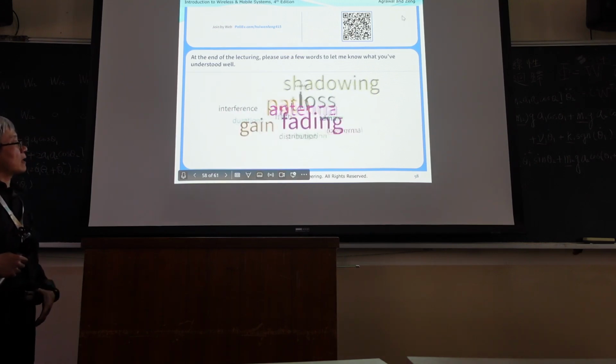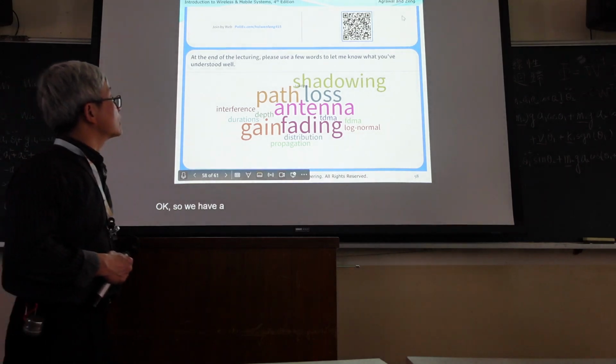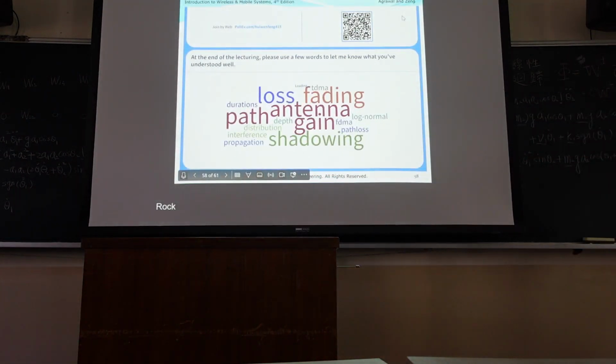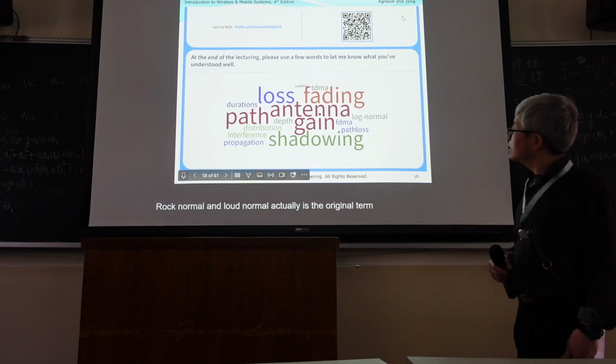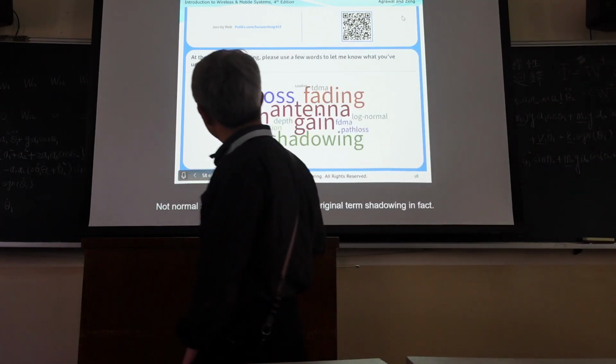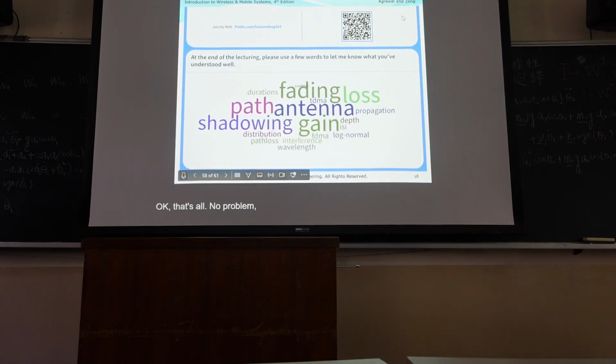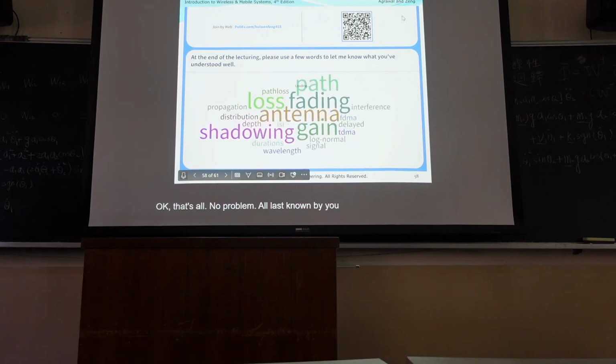And fading can employ the log-normal distribution, and log-normal is actually the original term for the shadowing effect. Okay, that's almost all known by you. So that means you are not finished yet. Alright, so finished for all of you, then we move on to the next one.